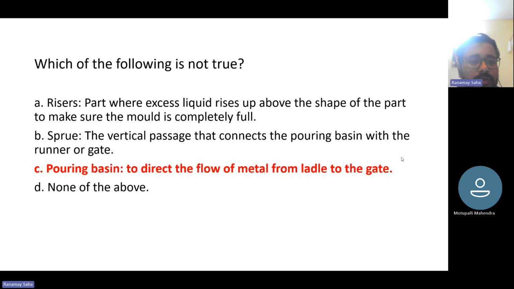So that's also true. And then you have a pouring basin to direct the flow of metal from the ladle to the gate. This is reversed. Molten metal actually flows from the ladle to the gate. So this option is wrong, and the correct answer is C here.